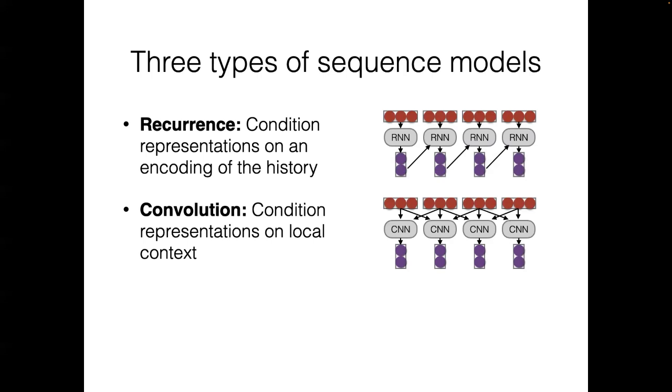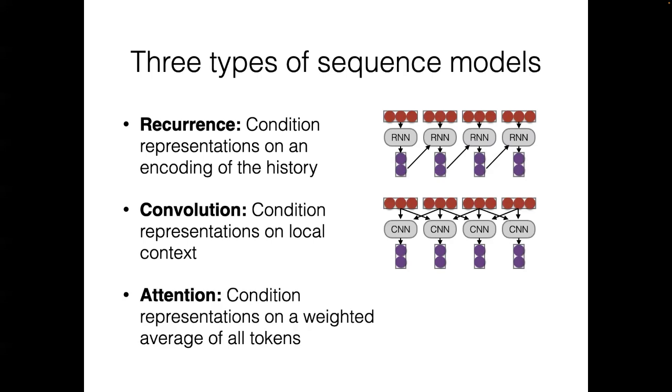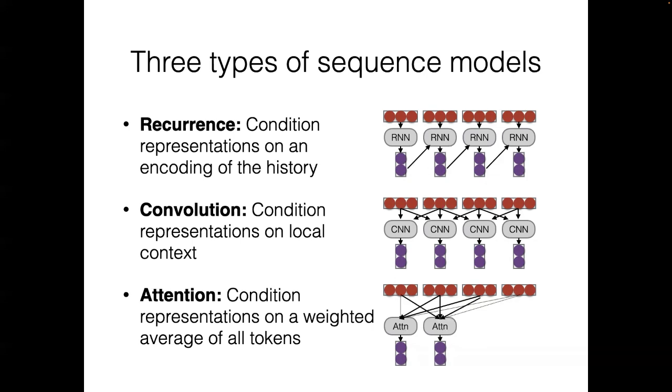So again, we're not going to go over these in detail, but today we're going to focus on this approach called attention. And so here, instead of just having this local window, like in convolution, or instead of having a recurrent state, like in recurrent neural networks, we're going to just use this attention operation to basically take in information from all possible locations in the sequence.